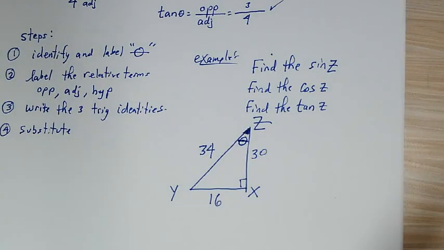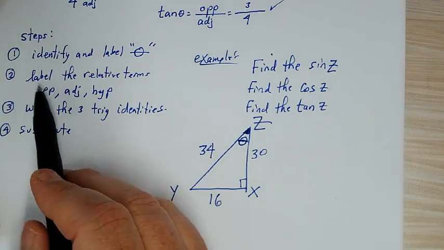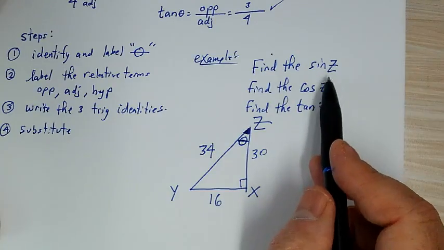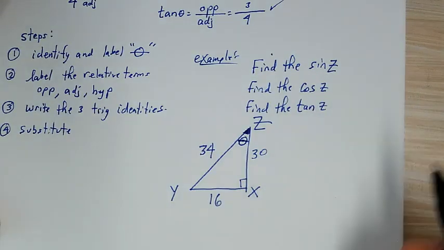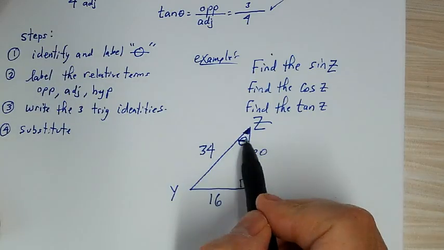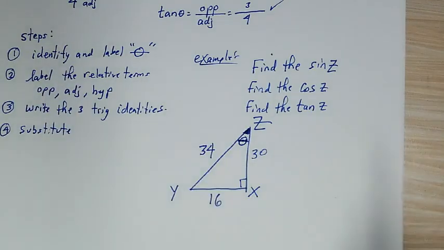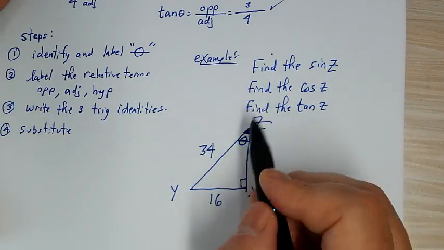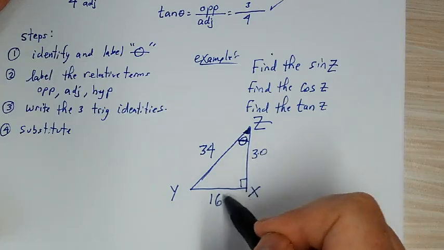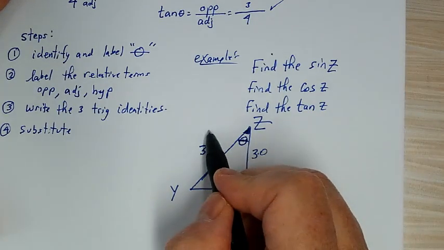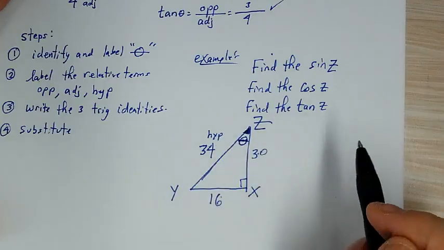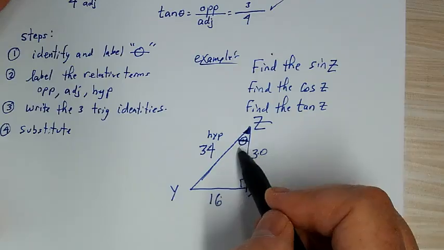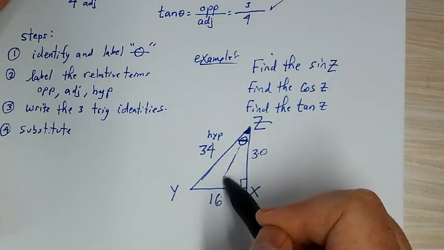Well, the next step says, once you identify and label what theta is, which is this, based on the fact that we want to find the sine, cosine, and tangent of angle z, then we label that theta. Then, you don't have to, but this is what I do, I will write down which side is the opposite, adjacent, and hypotenuse. Right away, the longest side, because you could tell, look at the numbers. That's the biggest number. This side is the hypotenuse. And if you think about that imaginary line coming straight out of the center of the reference angle, that always touches the opposite side.